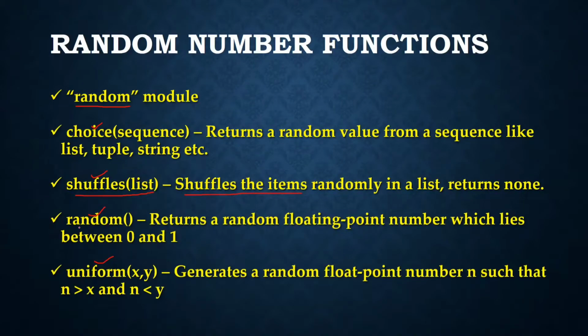That's it. And random is the most used among all these functions. It returns a random floating value between 0 and 1 only. Of course, we can tweak this function to get whatever value we need, like 0 to 1000 or something like that. And uniform will give you a range; it generates a random floating number between x and y.